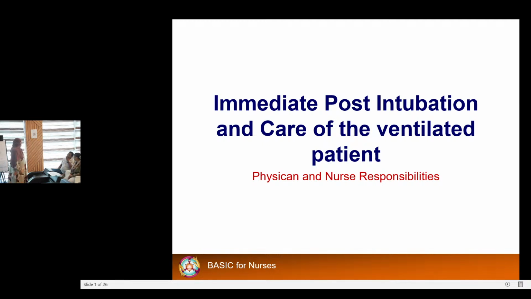In terms of making sure that the ETT is safely placed and secured, you prevent dislodgement and any other complications. If you have intubated the patient, you need to do some investigation to make sure the tube is in place. So, chest X-ray.